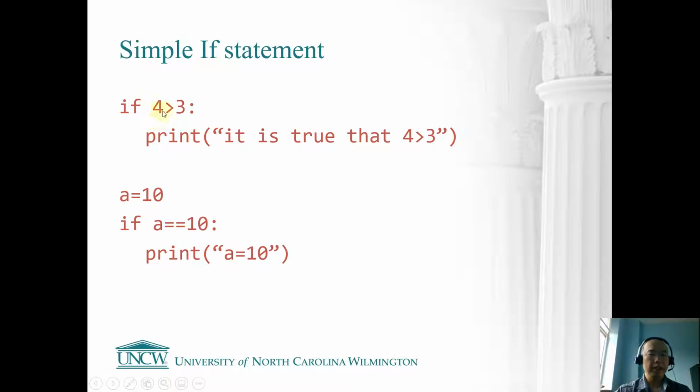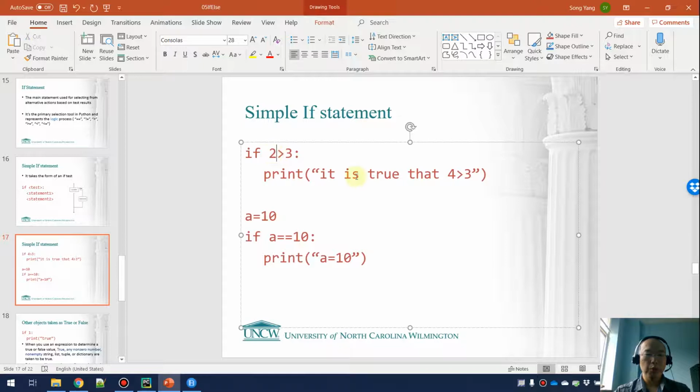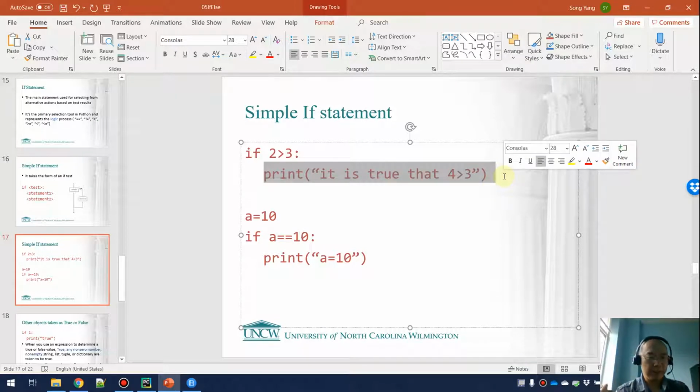If the condition is the opposite, like 2 greater than 3, then we will have nothing printed, right? Because this condition is false, this code block won't be executed, so we get nothing. Okay, let me reverse that.